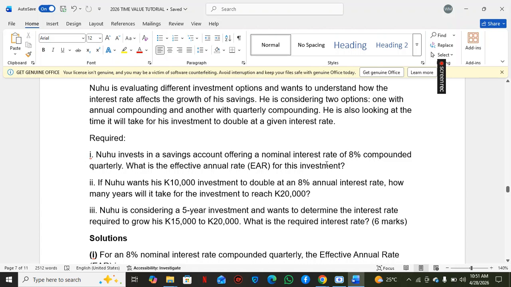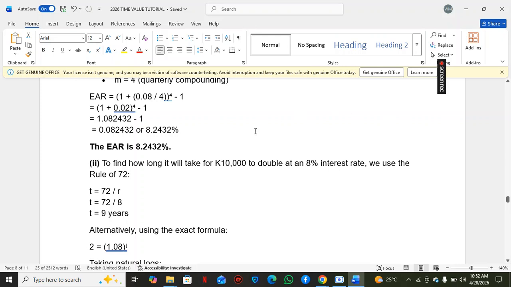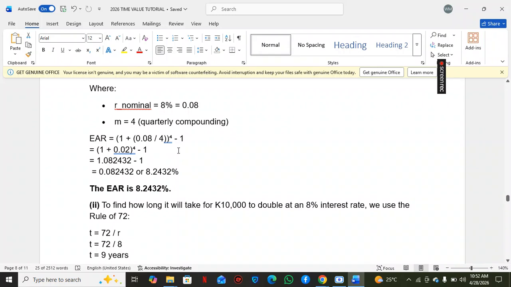Here's the question. Since it's compounded quarterly, we want to convert it now into an annual rate. 0.08 divided by 4 is 0.02.